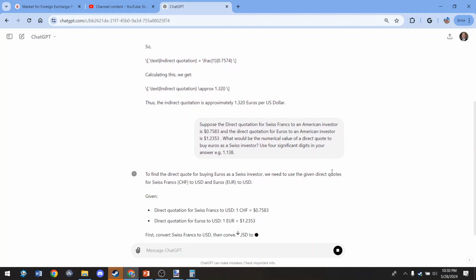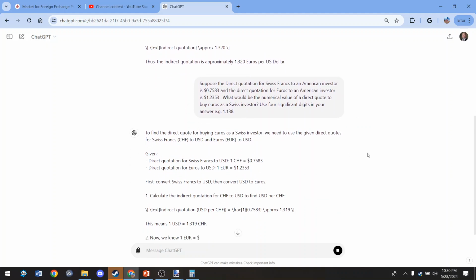And it says some stuff. All right, so it says the direct quote, 1 franc is 75 cents. That's right. 1 euro is $1.23. That's right. It says we should convert francs to dollars and then dollars to euros. That's all correct. So calculate the indirect quotation.